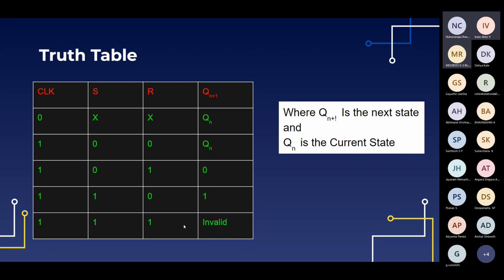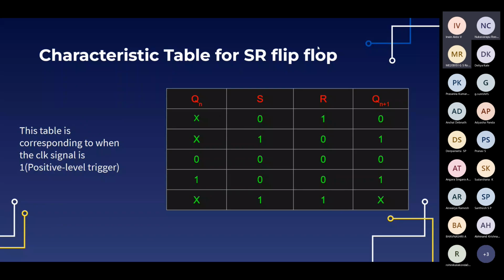Moving on, this is the characteristic table for the SR flip-flop. As I mentioned earlier, whenever S and R are 0, 1, R is 1 means the reset state, so we are going to put 0. Whenever S is 1, we are setting a value. We only have two values, right? 1 and 0.